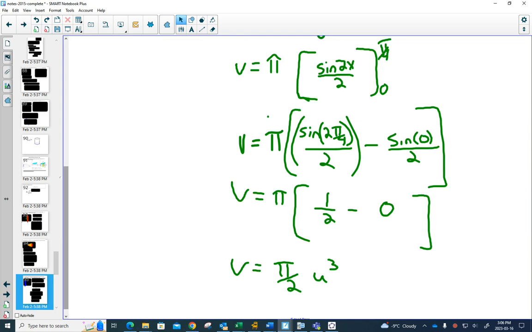And all you would need is pi over 2, whatever units we're using, cubed.